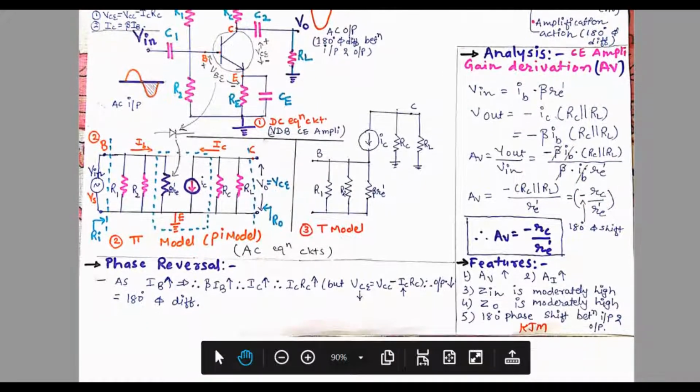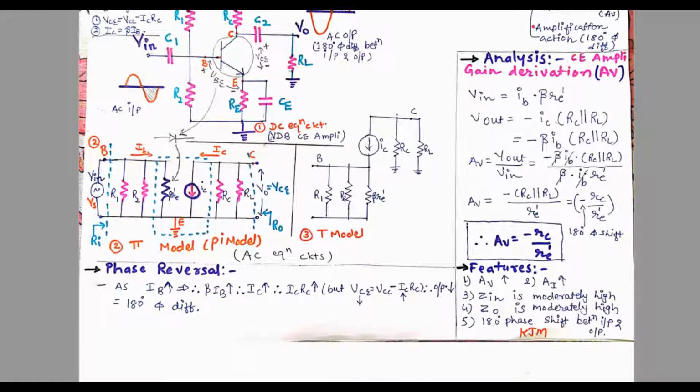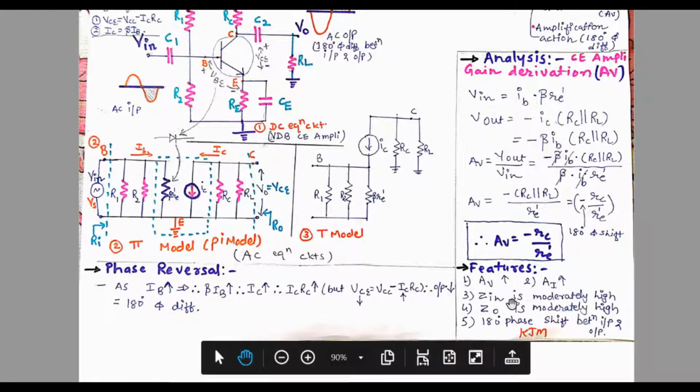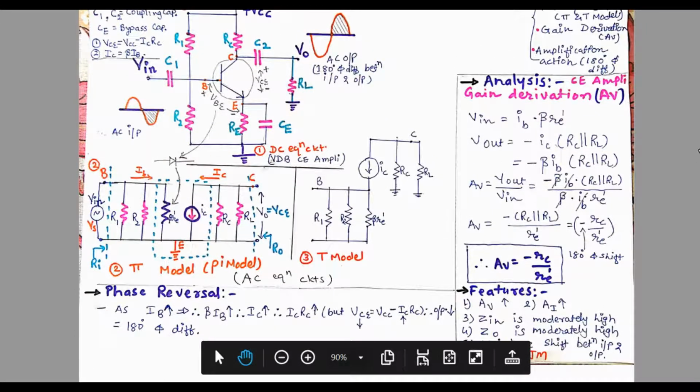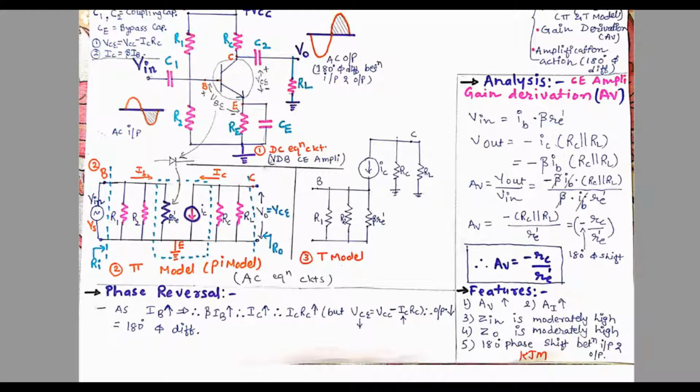Dear students, what are the features of the common emitter amplifier? High voltage gain, high current gain, and input impedance. What is Z? The Z terminology denotes input impedance, and ZO is output impedance. Both are moderately high, and the main characteristic is the 180-degree phase shift between input and output.